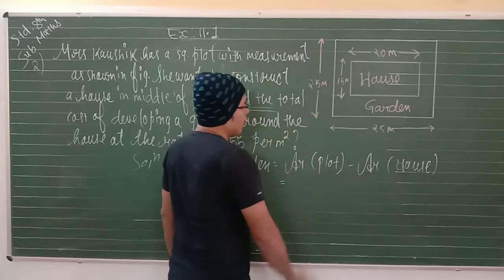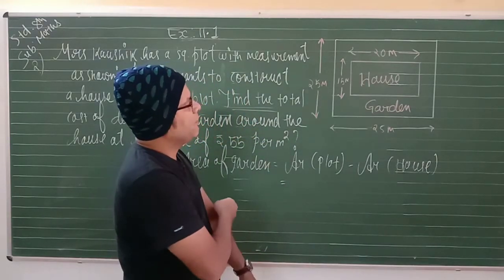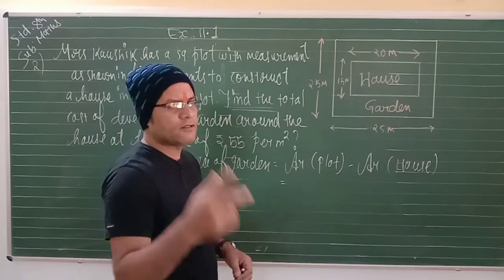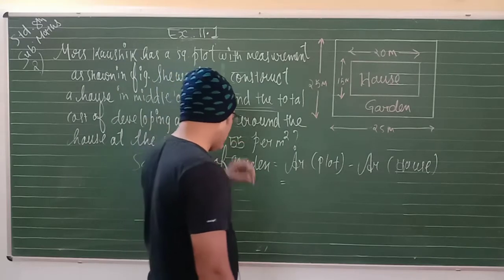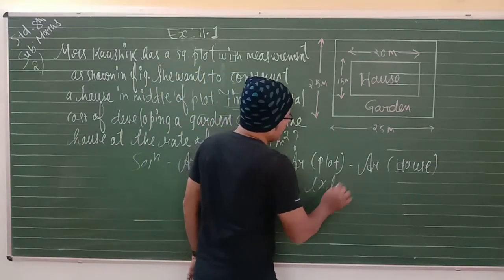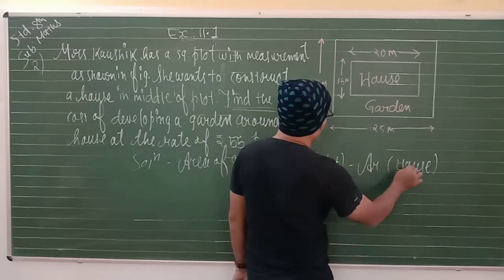Now area of plot means, you can see that the plot is in the shape of a square, so area of square is L into L, length into length, minus area of house.